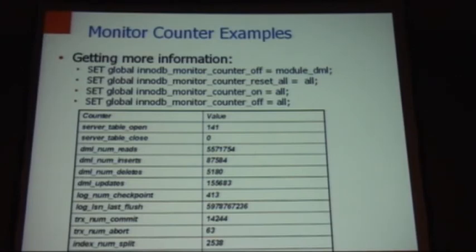Some of those information are server specific static information, like the buffer pool, how big the buffer pool you configure. Those are not actually counters. Some of them are global, and some of them could be very session thread specific. So you can get detailed information from those counters.